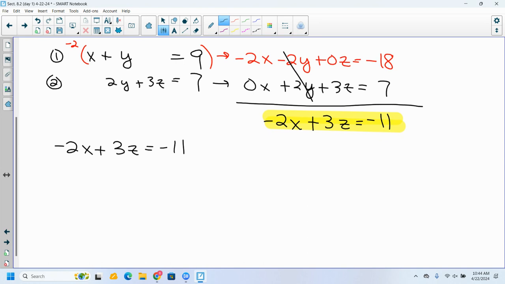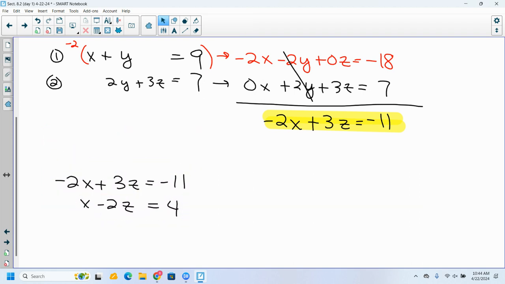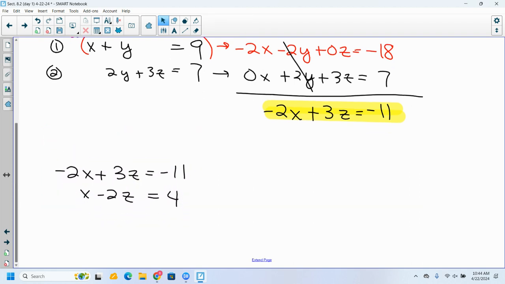What is it? x minus 2z equals 4. And now I'm going to solve this. I'm going to multiply the bottom equation by +2. Go ahead. From there, you should be able to keep rolling and finish it out.